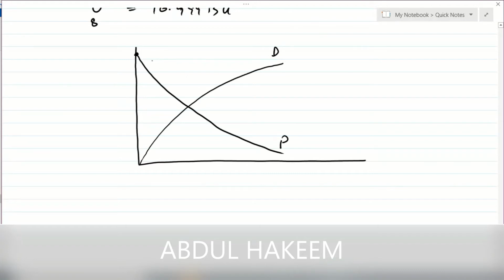So this is the parent nucleus. Suppose initially it is N naught and the daughter nucleus is 0. When this is decreasing, it is converting into the daughter nucleus. So the daughter nucleus number is increasing. This is the graph between the parent nucleus and the daughter nucleus.